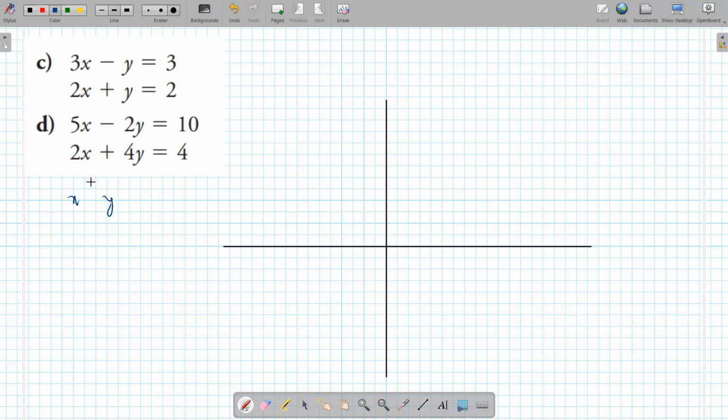Look at this. For C, the first equation, for this equation, if y is 0, what's x? It's 1. Now if x is 0, what's y?